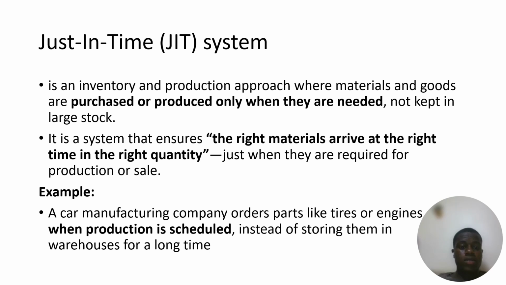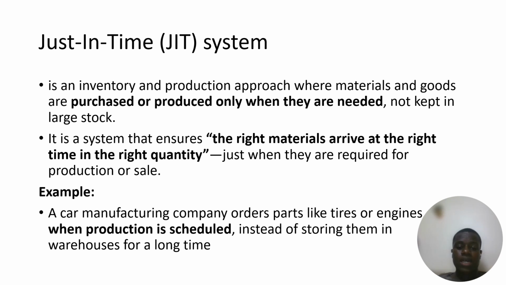So now we move on to the just-in-time system, which is the JIT. Just-in-time system is an inventory and production approach where materials and goods are purchased or produced only when they are needed, not kept in large stock.